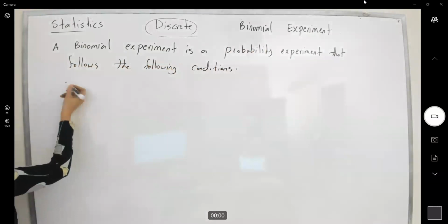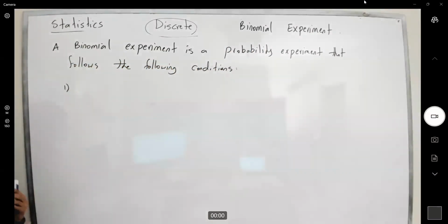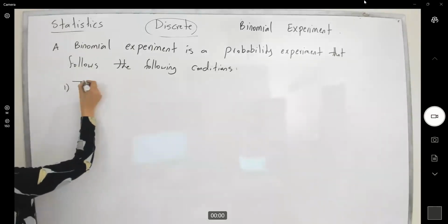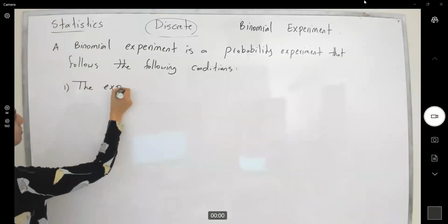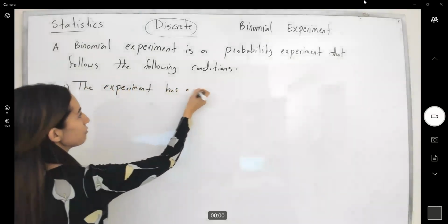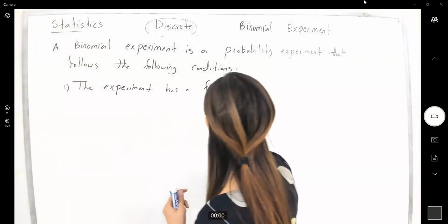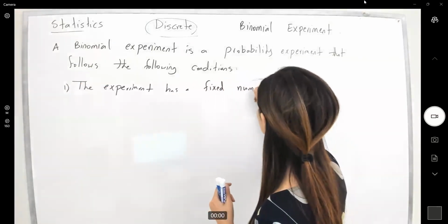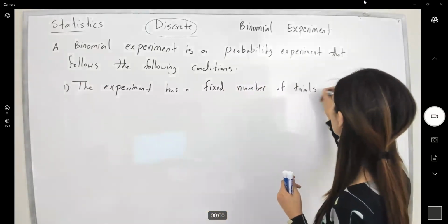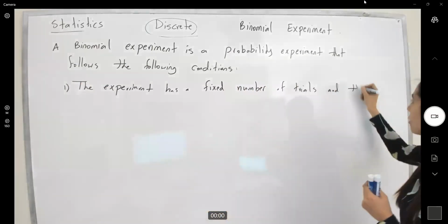Very well. The very first one is that the experiment has a fixed number of tries, and they are independent from each other.